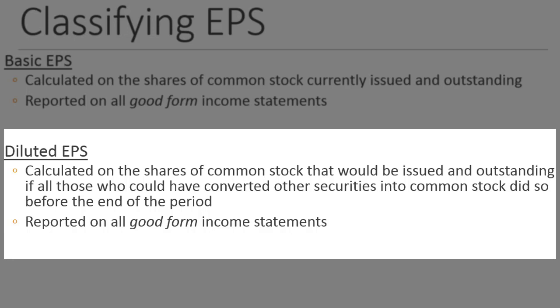You see, there was some concern back in the 1960s and 70s about companies issuing a lot of stock options. And FASB was worried that current investors would not realize how much control was being given away to employees as part of these stock options.